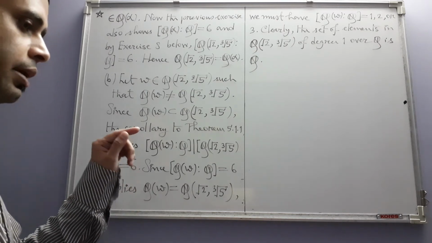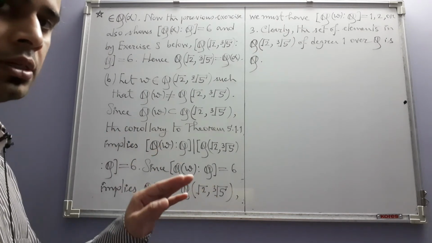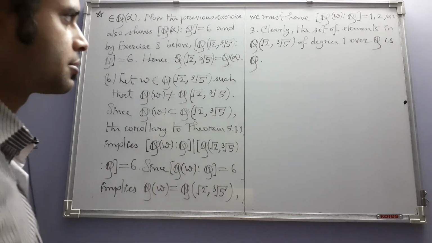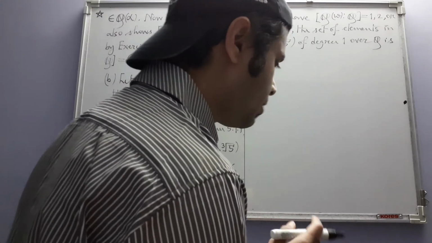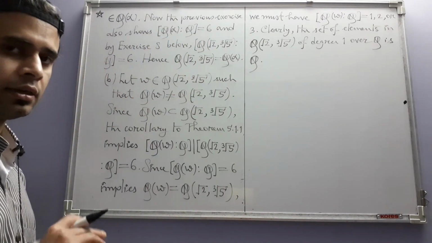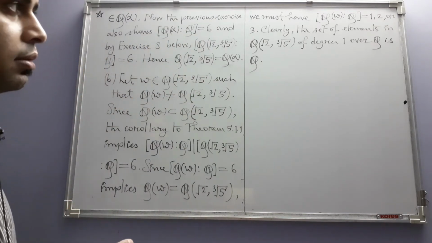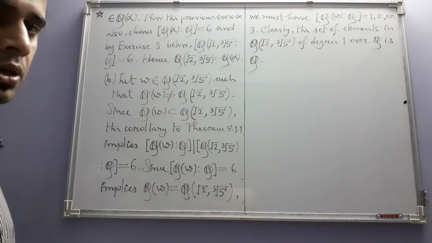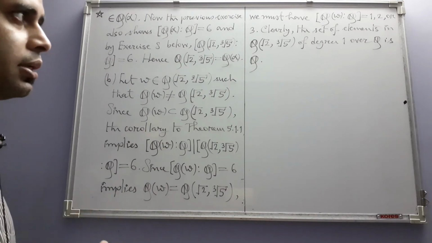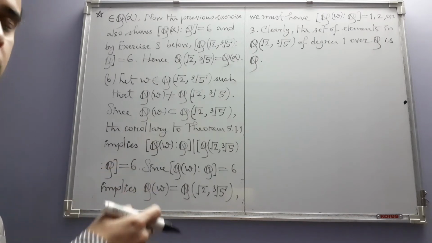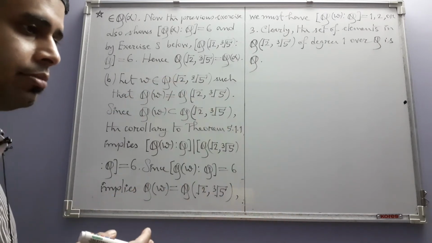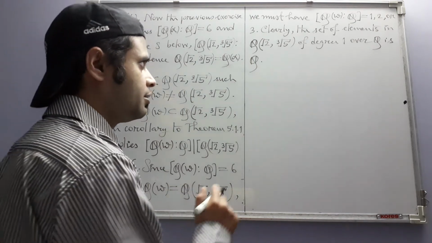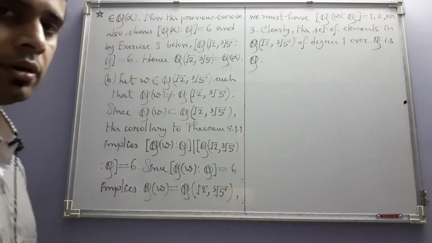Only the elements in the underlying field have degree 1 over the field, and this is always the case. If you have an element outside, then it can never be of degree 1 because it cannot satisfy a linear polynomial. For it to satisfy a linear polynomial over, say, Q, the element must itself be inside Q. So all the degree 1 elements are the rational numbers.